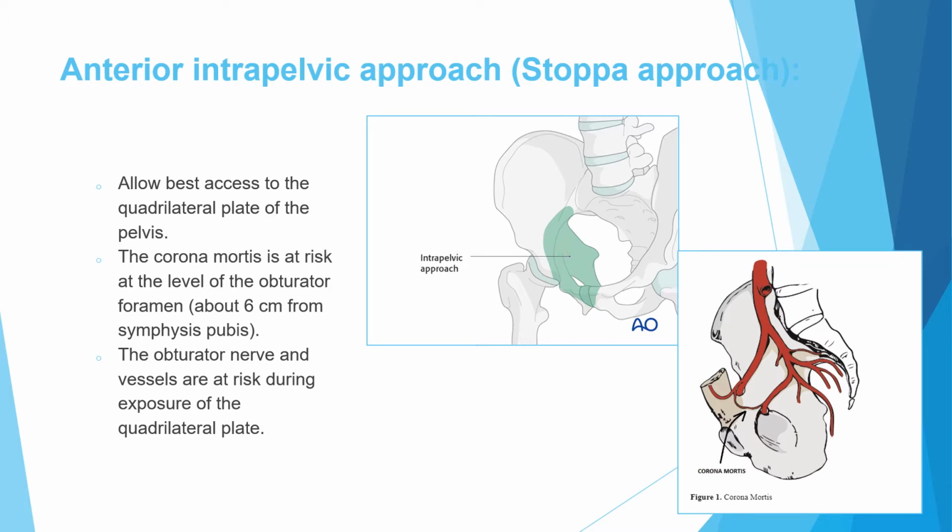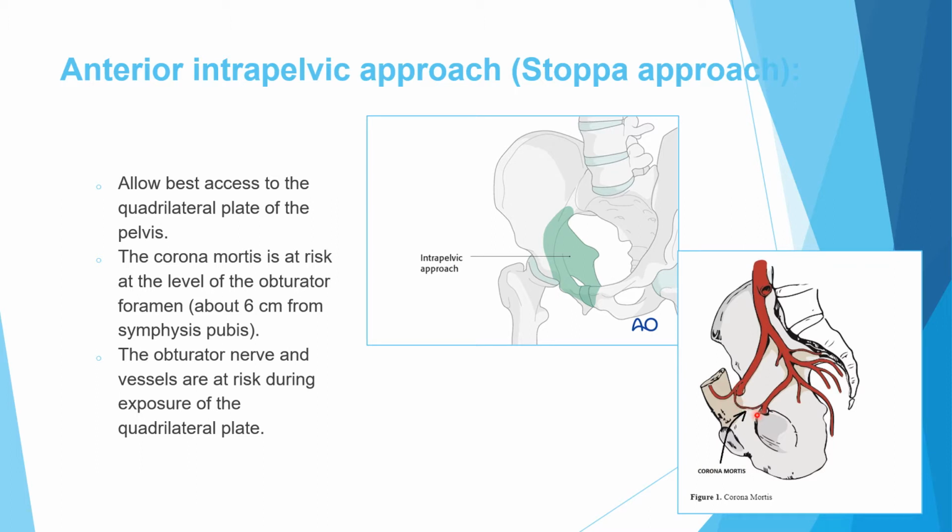The structure that is at risk in this is the corona mortis. If you're asked what is the corona mortis, it is an anastomosis between the external iliac vessels and the obturator vessel, and sometimes the whole obturator is actually coming from that anastomosis.